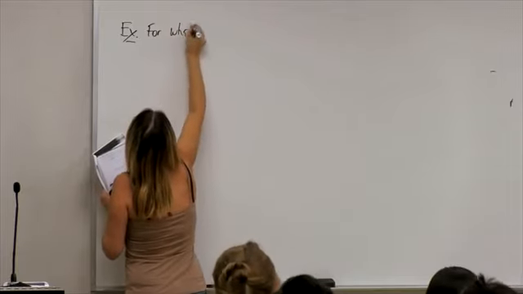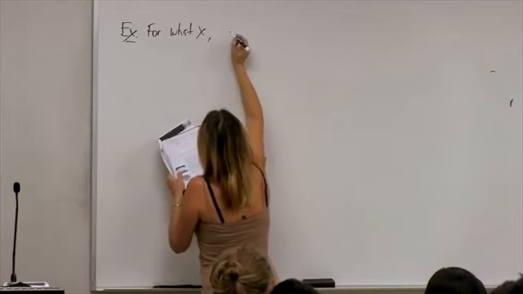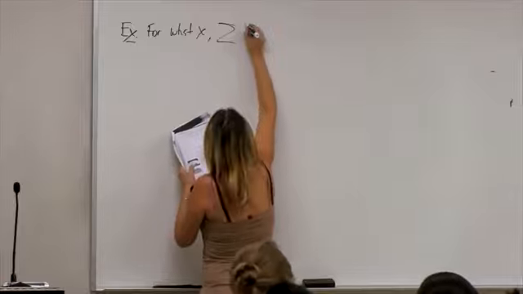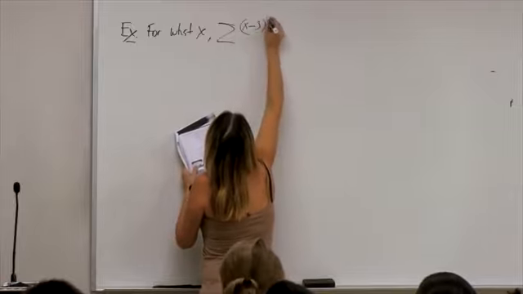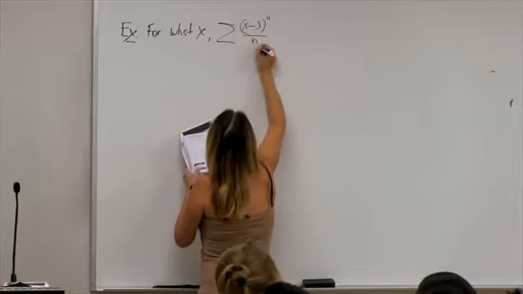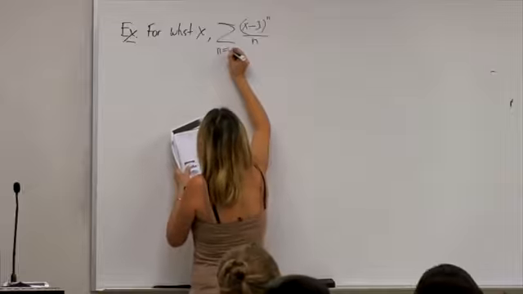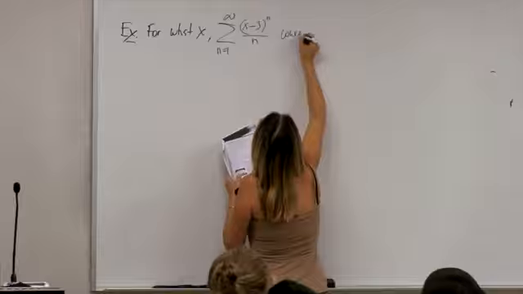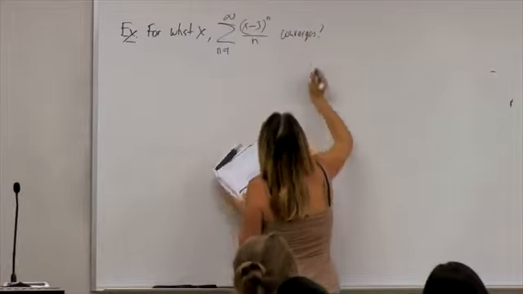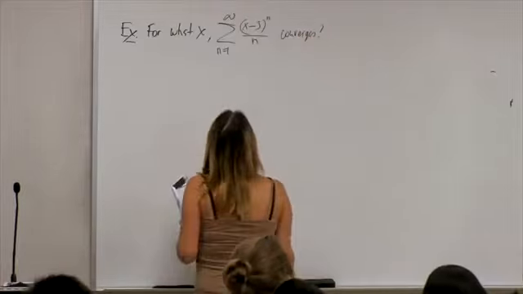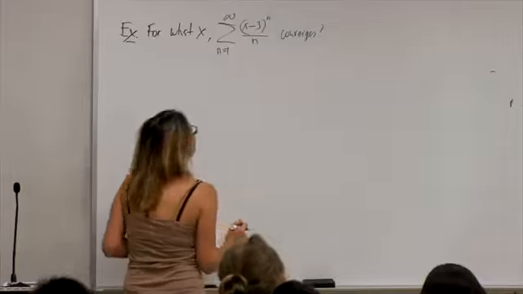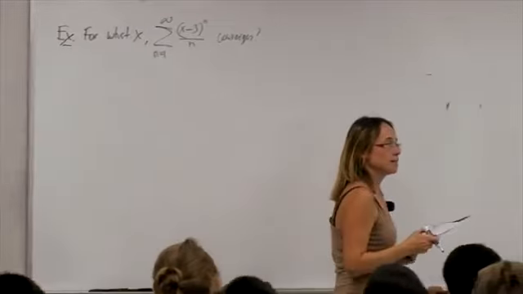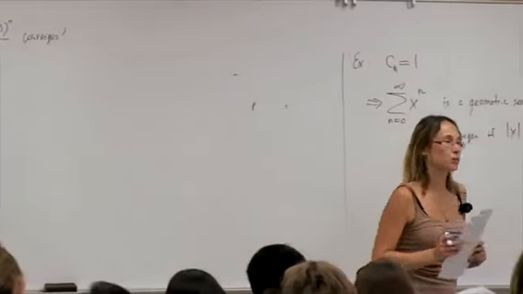For what x does the following thing converge? Okay. So you can see that this is a power series centered at 3, x equals 3.